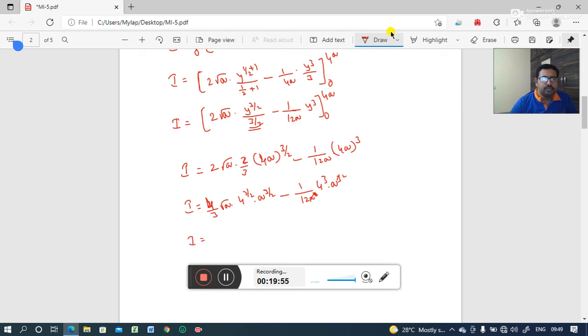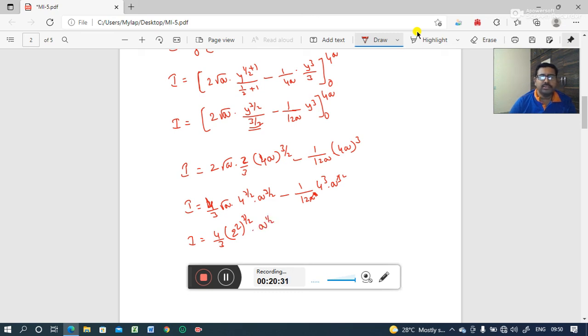I is equal to 4 by 3 into, here 4 power 3 by 2 you can write as 4 cube into 4 power 1 by 2. So you can write 4 power 3 by 2 as 2 square whole power 3 by 2 into a power 1 by 2.